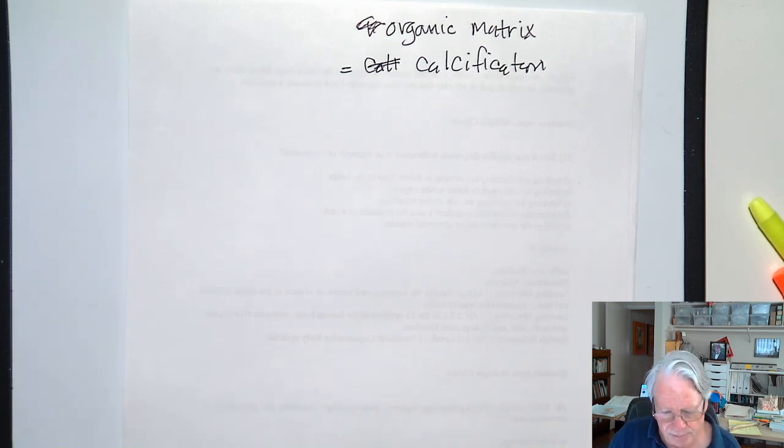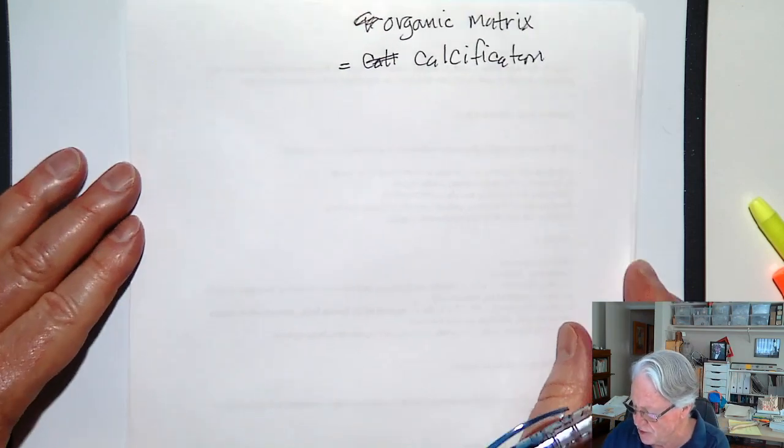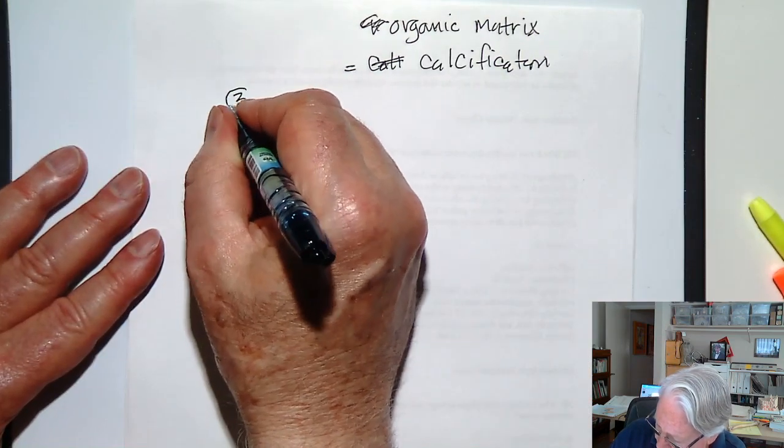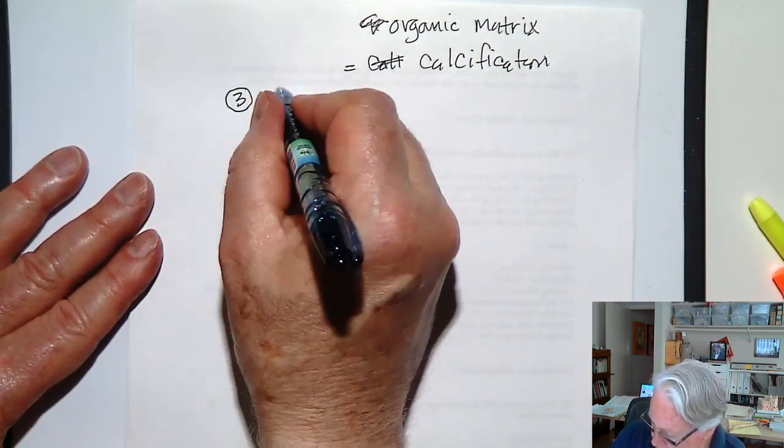Okay dokey. The next step is the formation of trabeculae.